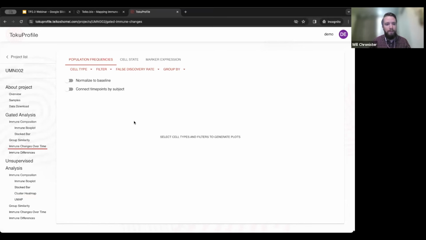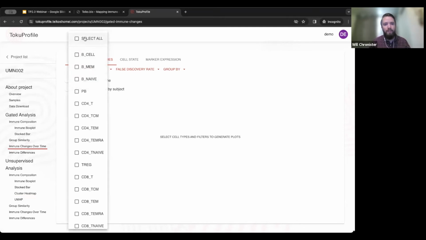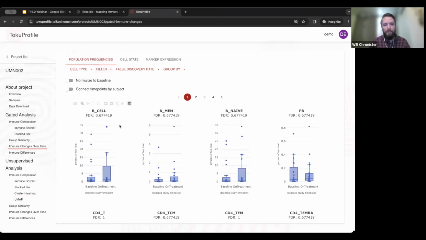So in this case, we have just 2 time points, which is baseline and on treatment. But you can imagine maybe in your own study, you might have 3, 4, 5, sometimes more time points where you have data collected at each time, and you want to sort of visualize what's happening with a given population.